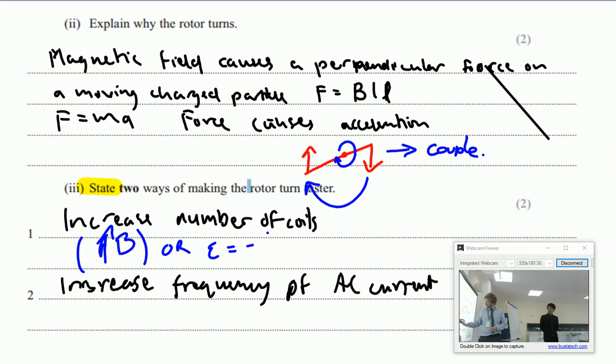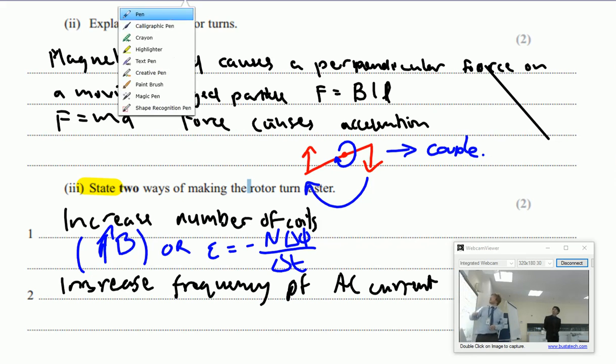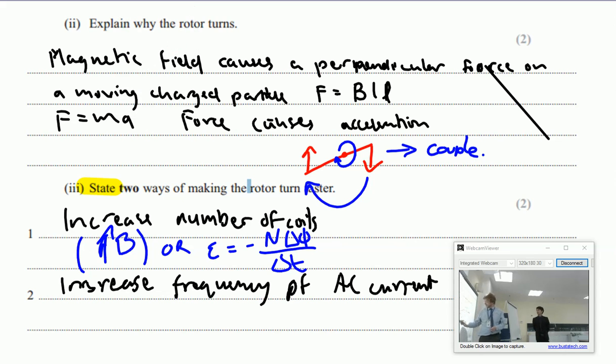Or remember we've got induced EMF. More field lines. So what we'd be doing there is increasing N.